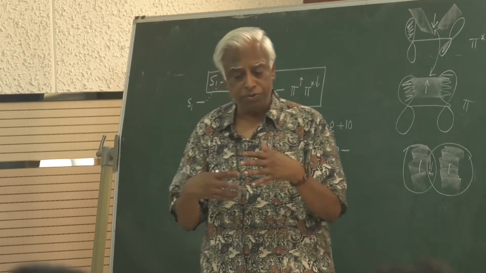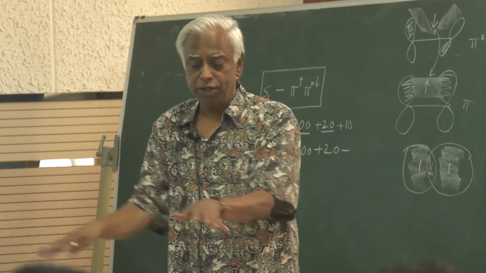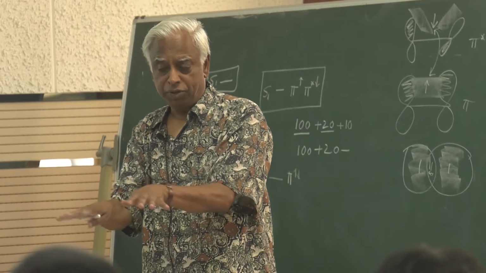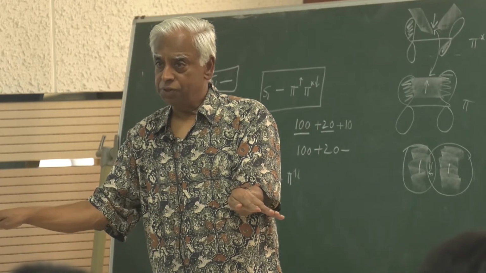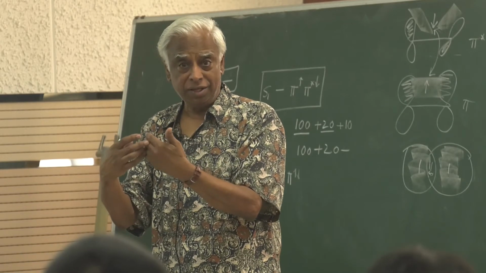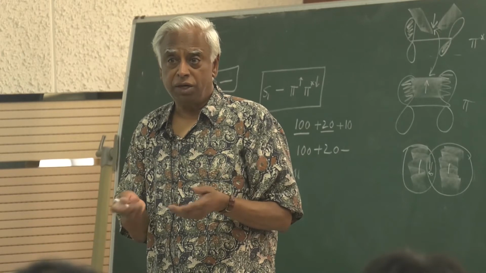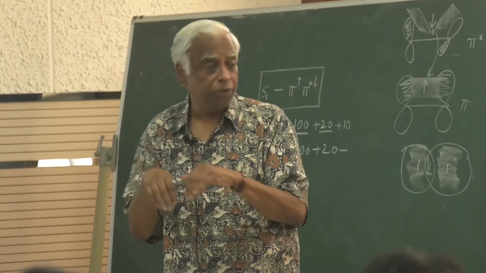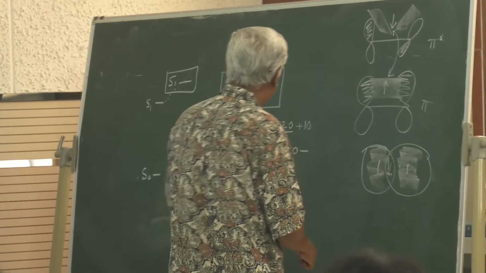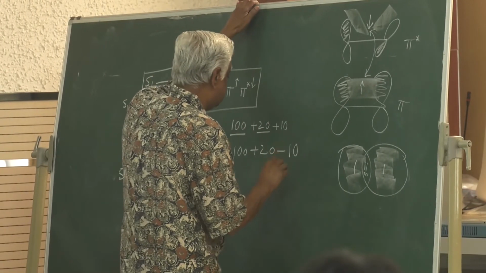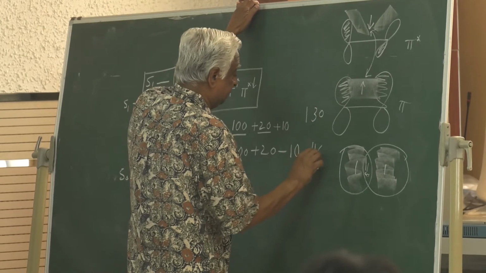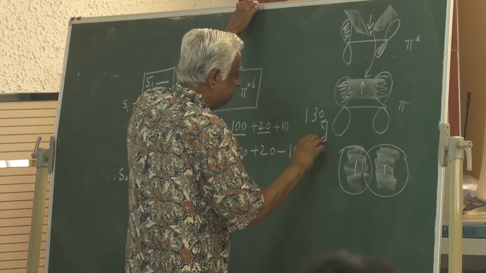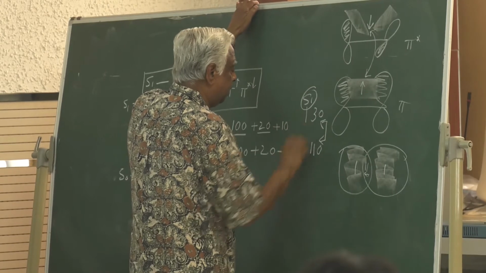With the two electrons we assume it is spread over here and spread over here. But if the two electrons have the same spin, one stays here, one stays here. So the number that we guess is higher than what is there in reality. So the number is going to go down. Instead of plus 20, it will become minus 10. So this will be 130, this will be 110. So that's what happens between singlet, and this will be triplet.